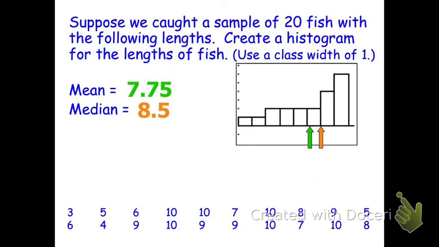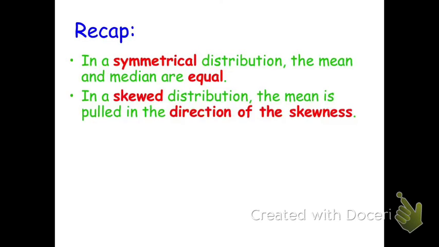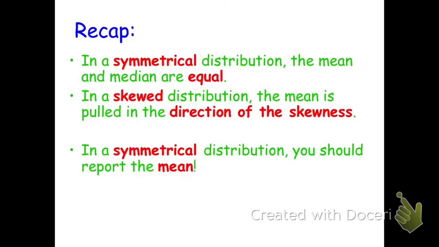So in recap, in a symmetrical distribution, the mean and median are equal. In a skewed distribution, the mean is pulled in the direction of the skew.